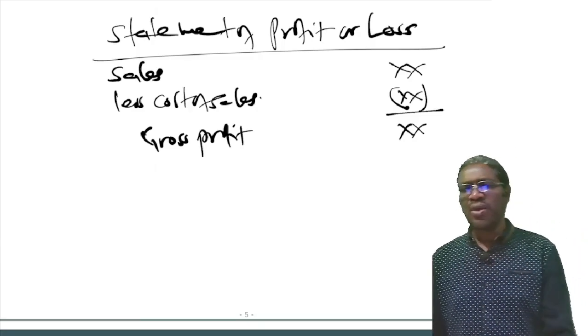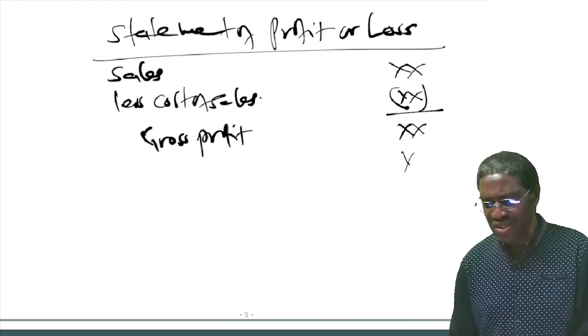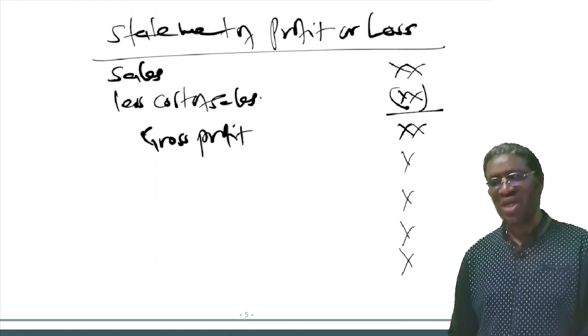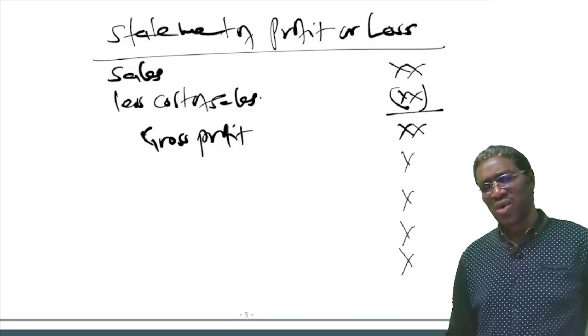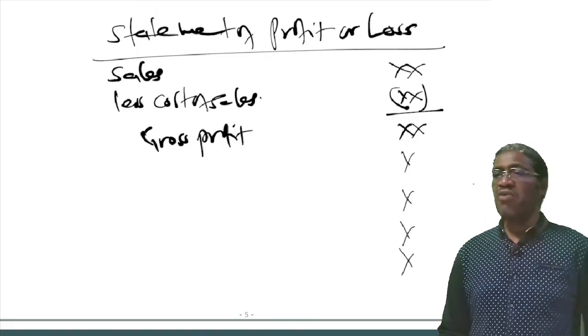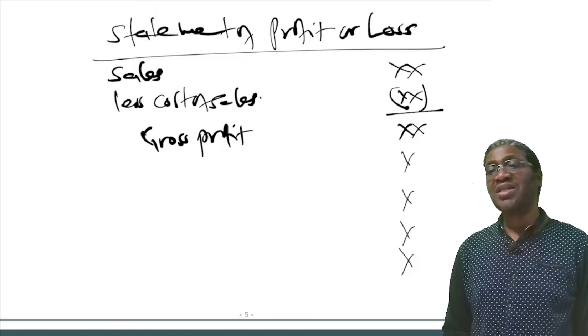From there, you know that we always come and subtract expenses: electricity, water, telephone, insurance, and so on. That's what you used to do in financial accounting. You minus the expenses from the gross profit so that you arrive at what we call the net profit.